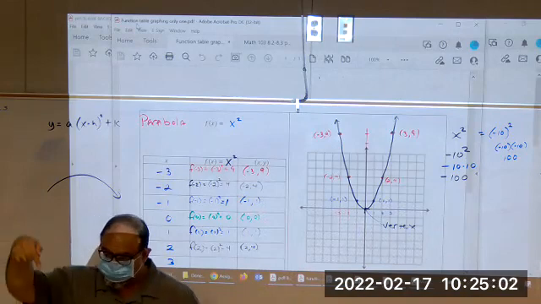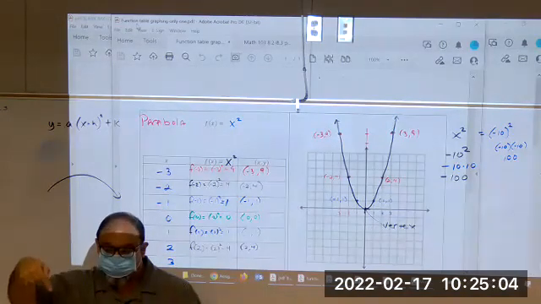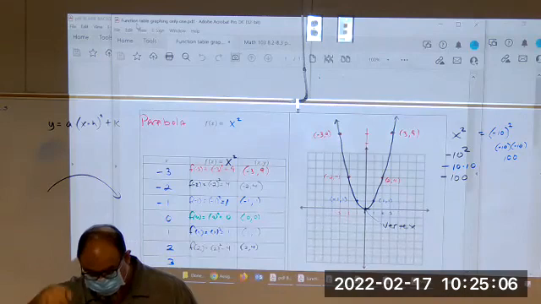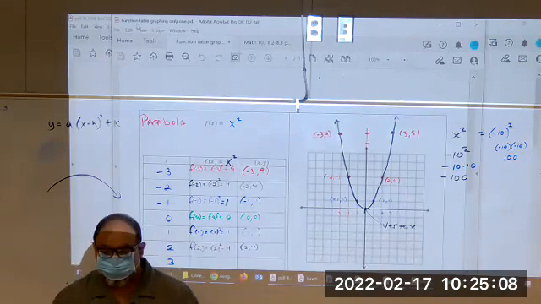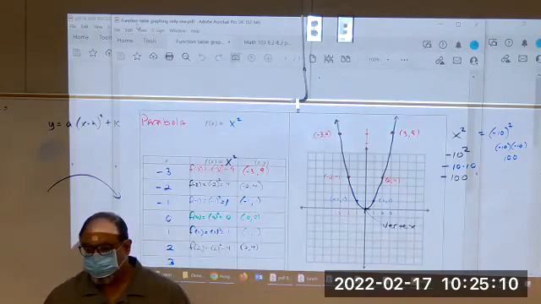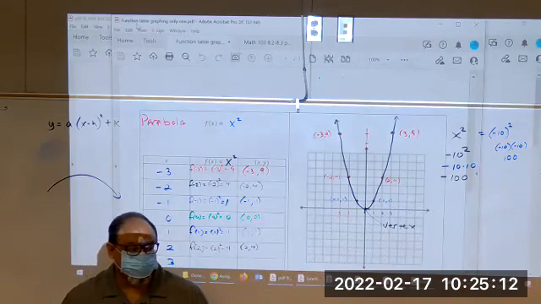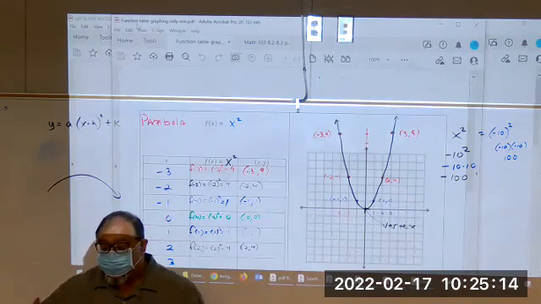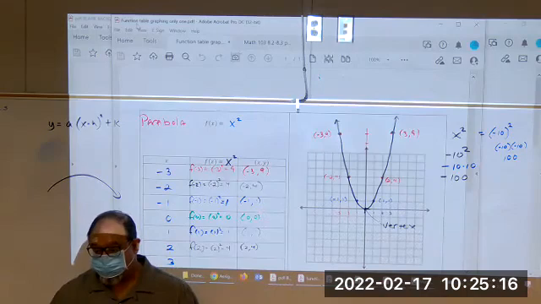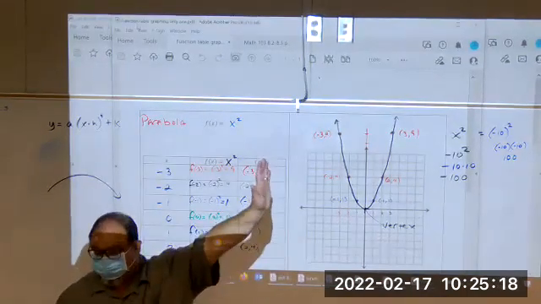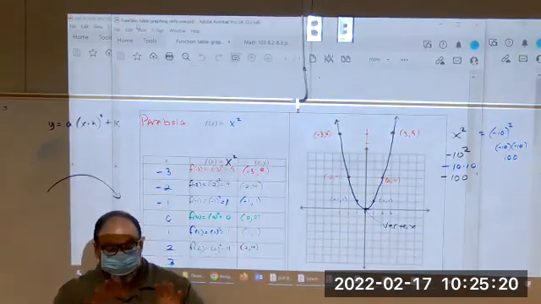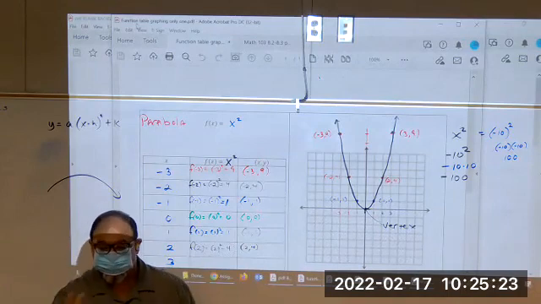I don't know if you've ever looked at a refracting telescope. That's all about parabolas. If you've ever been in a convenience store and you have the mirrors at a corner, the mirror coating is on the back side of a parabola, and that allows people to see around corners.